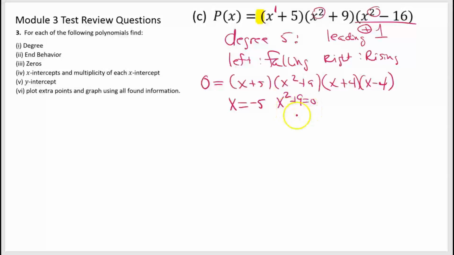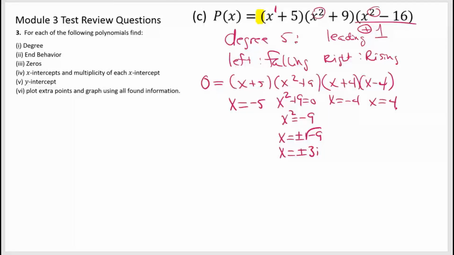I subtract the 9, x squared equals negative 9. Then I take the square root of both sides and I get plus or minus the square root of negative 9, but that's x equals plus or minus 3i. And then x plus 4 equals 0 gives you negative 4, and x minus 4 equals 0 gives you positive 4.